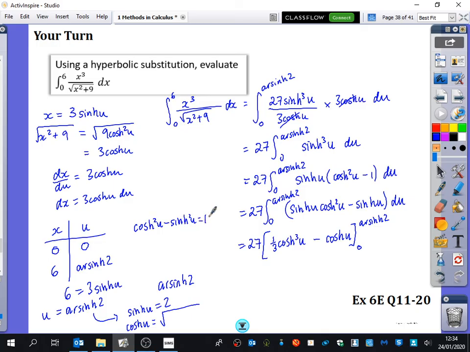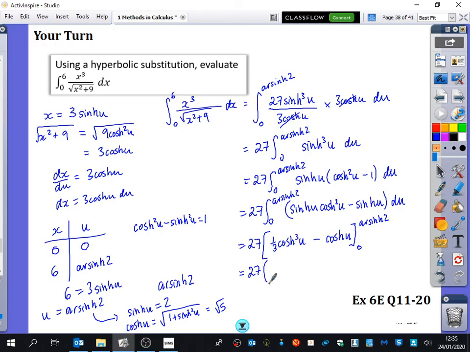So cosh u is the square root of 1 plus sinh squared u, which is 1 plus 2 squared, which is 1 plus 4, which is root 5. So every time we substitute in arcsinh 2 here, we know that cosh u is root 5.